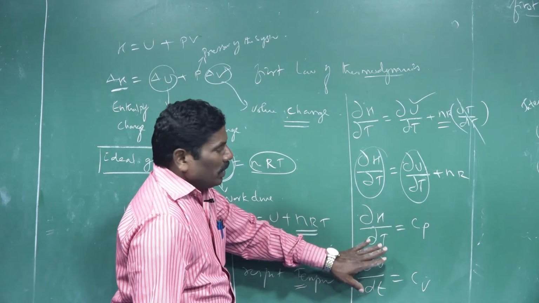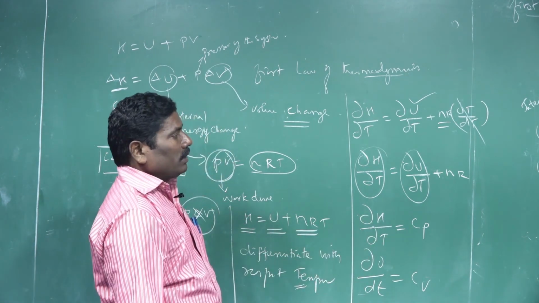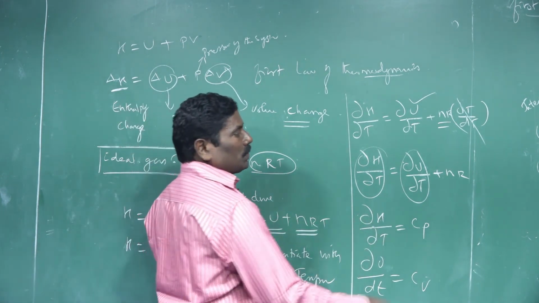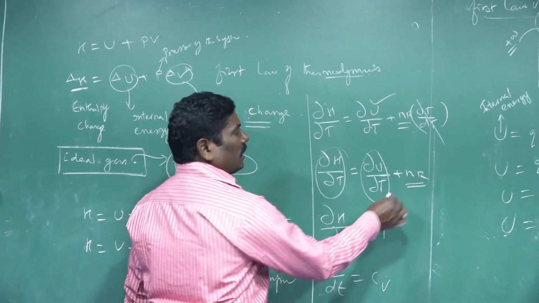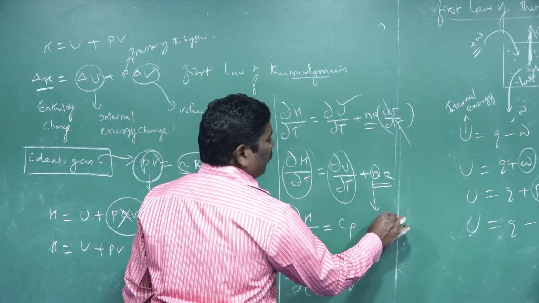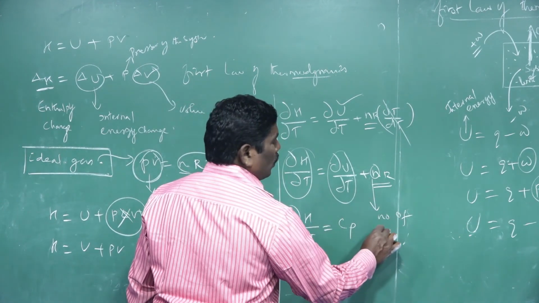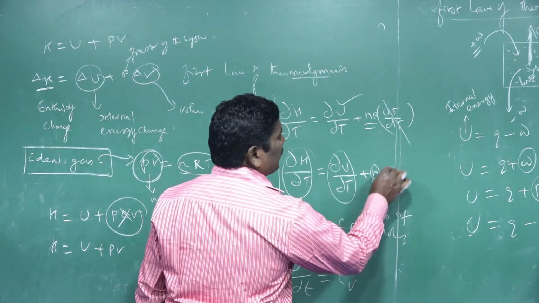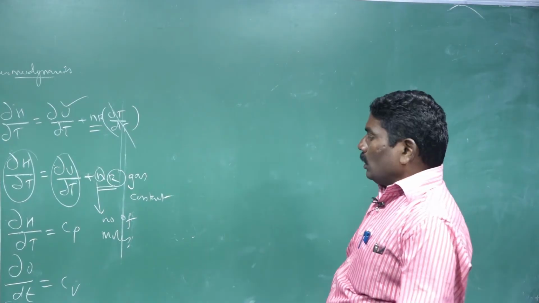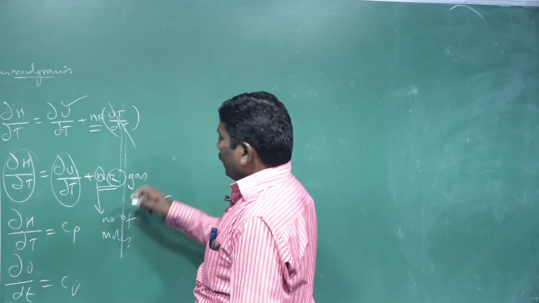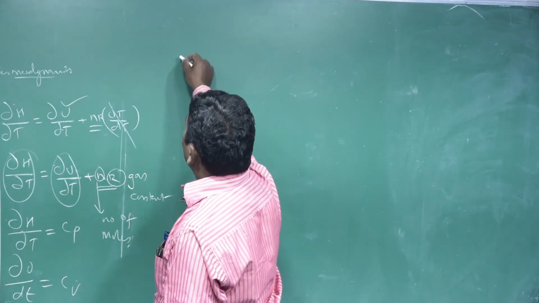Cp also we have derived and Cv also we have derived. And from this equation, the number of moles is involved. n is nothing but the number of moles. R is the gas constant, you know that it is a gas constant.